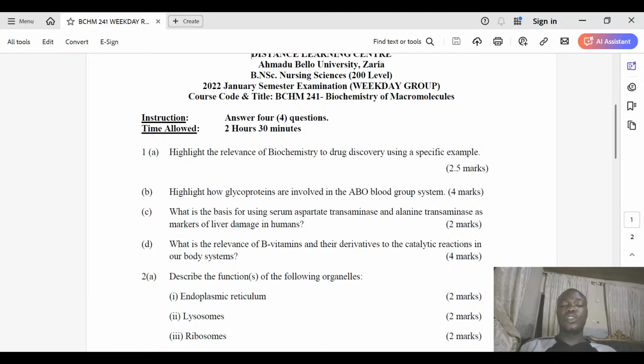So the answer to this: B vitamins are coenzymes that are required for the enzymes to become active. Most of the enzymes are synthesized as apoenzymes. Let me write it here, apoenzymes. When we say apoenzyme, it means they are inactive enzymes, so they need to be activated by a coenzyme or cofactor.